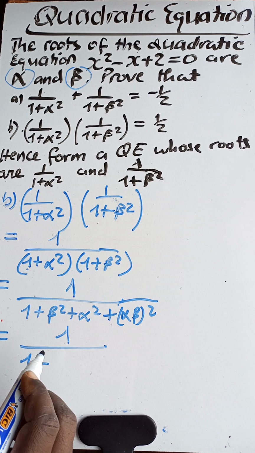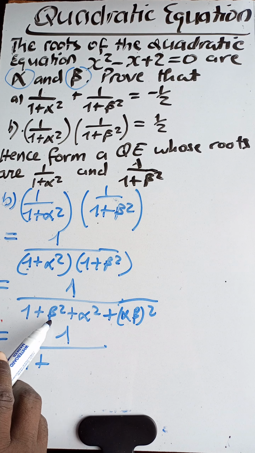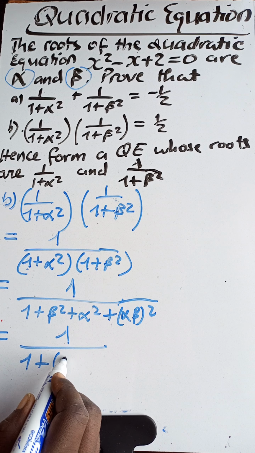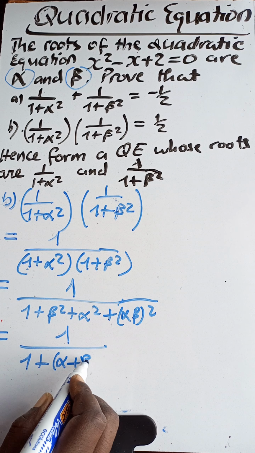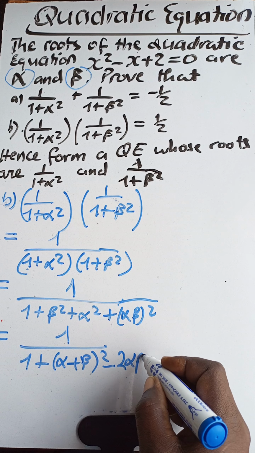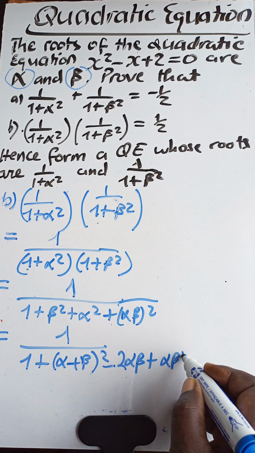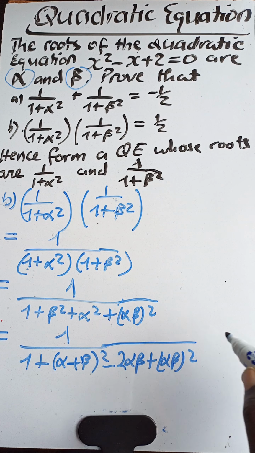We will use that same identity that was written in red. We're saying alpha squared plus beta squared is going to give us alpha plus beta all squared minus 2 alpha beta, then plus alpha beta all squared.